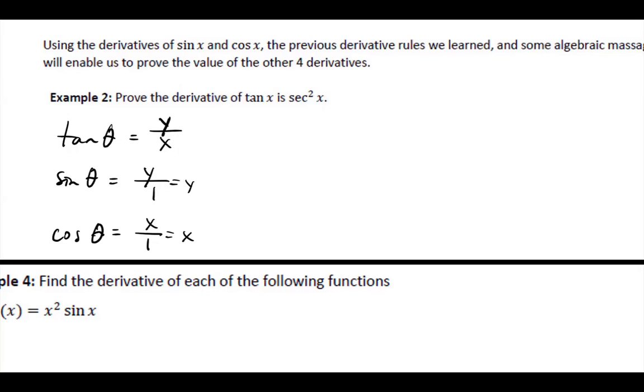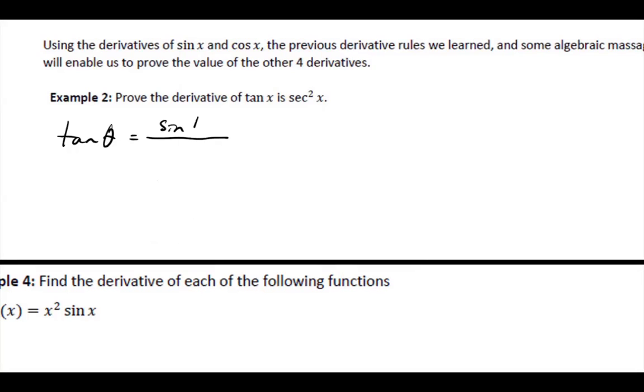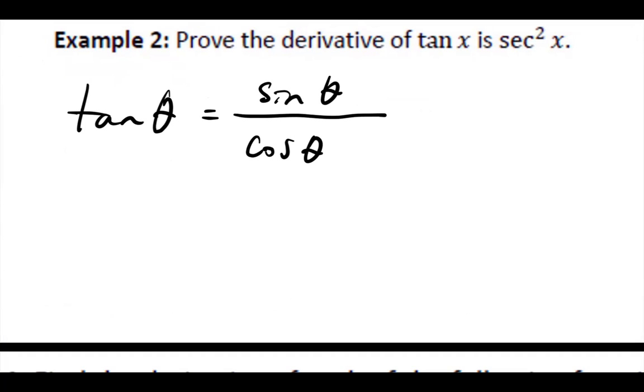So I can rewrite it as sine of theta over cosine of theta, right? So what's the derivative of that? How am I going to find the derivative of that?